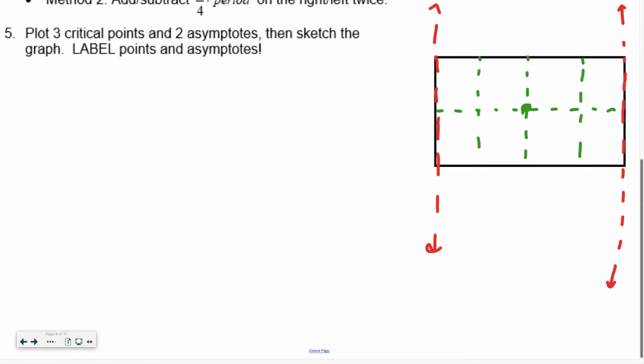But then A, being negative, would cause a reflection. So this quarter mark, you would have your high point. This quarter mark, you would have your low point. And then you would draw your squiggle from there.